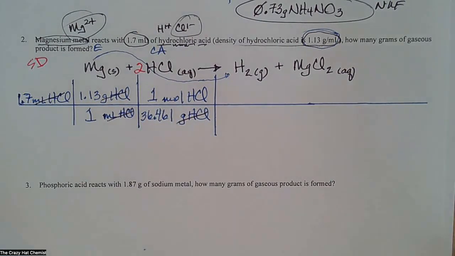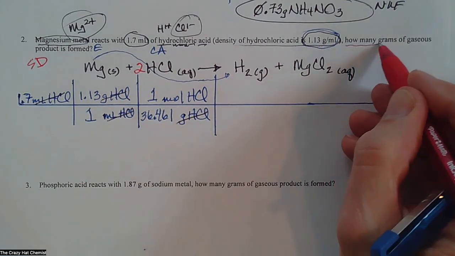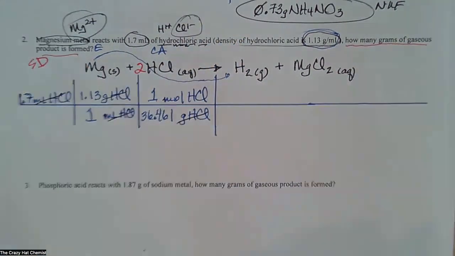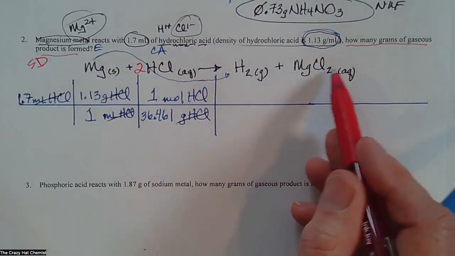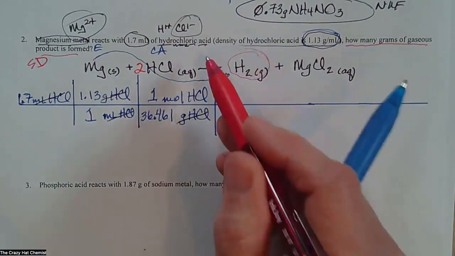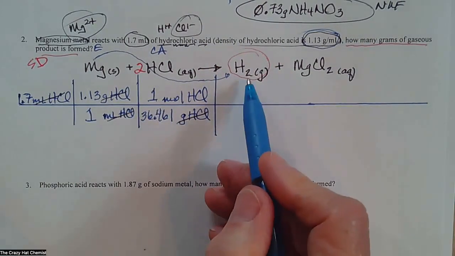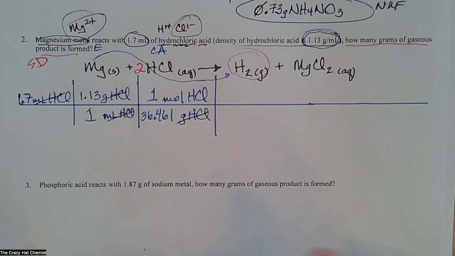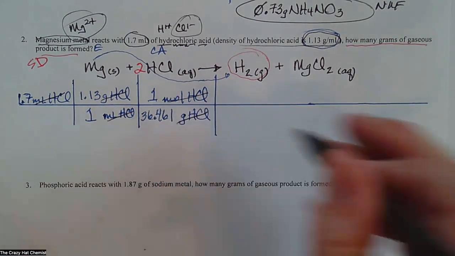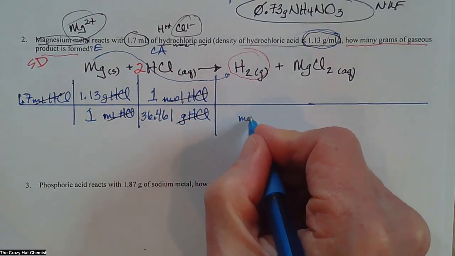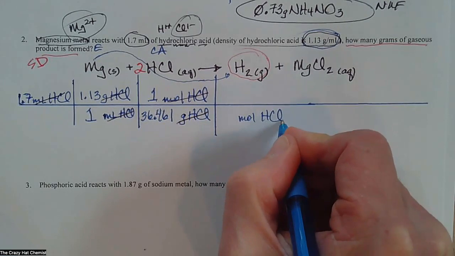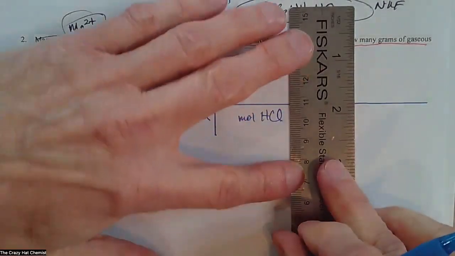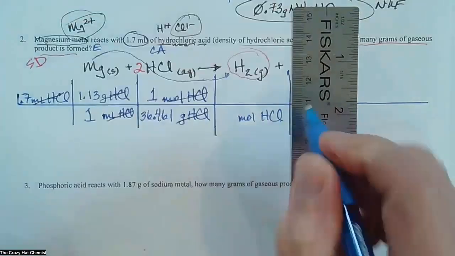Now I'm going to reread the question, and it says how many grams of gaseous product is formed. So I'm going to look at the 2 products. Which one is a gas? It's right there. So I am going to find the mass of this gaseous product. In order for me to cancel out these moles of HCl, I'm going to have moles of HCl right here in the denominator, my vertical stop, like thus.